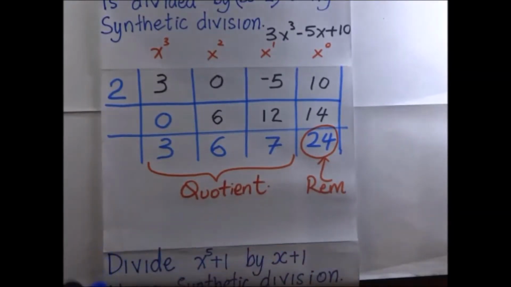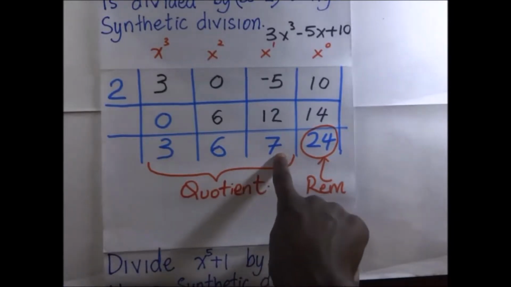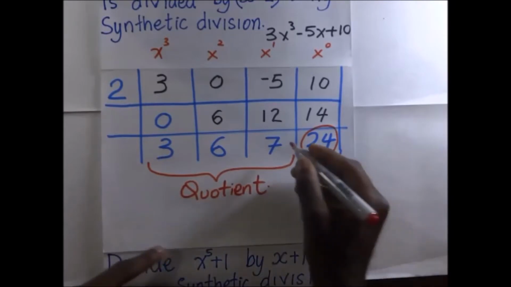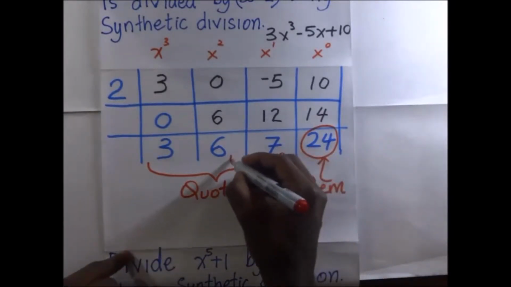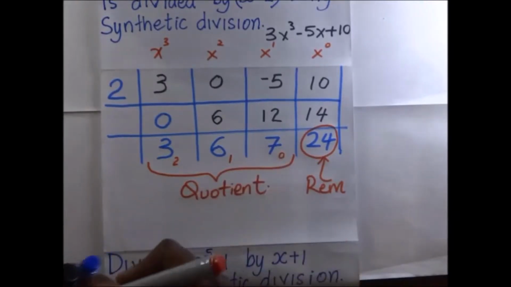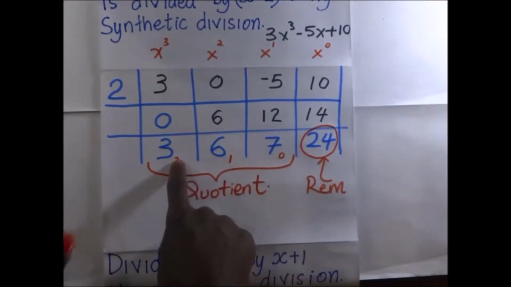And the quotient we get here, the value of x will start counting from this. We're going that way. The value of x here will be 0, 1, 2. The power of x is 0 here, the power of x is 1, the power of x is 2.